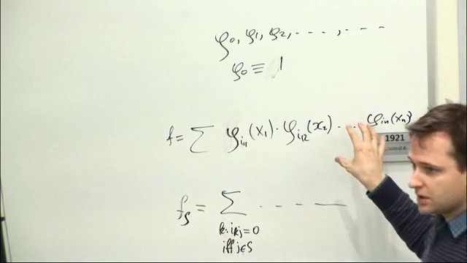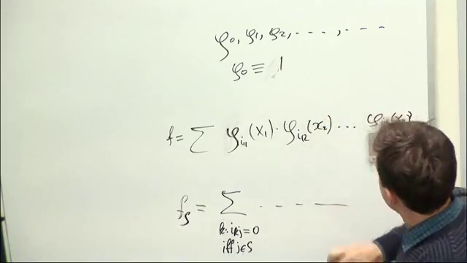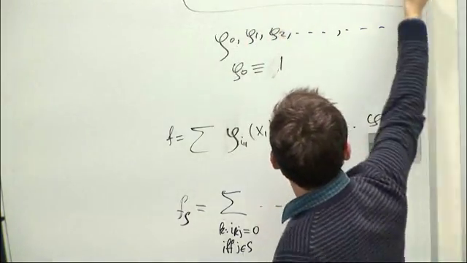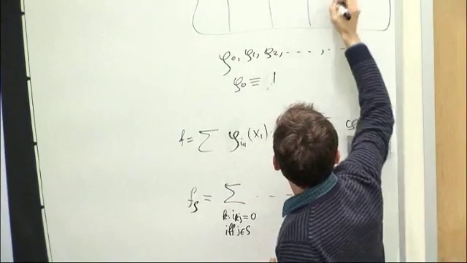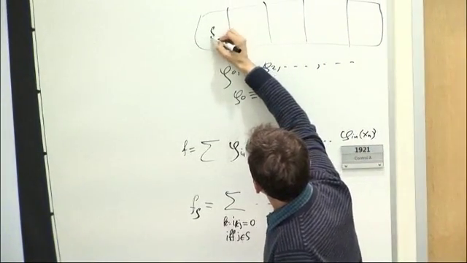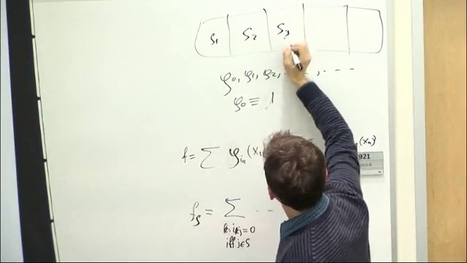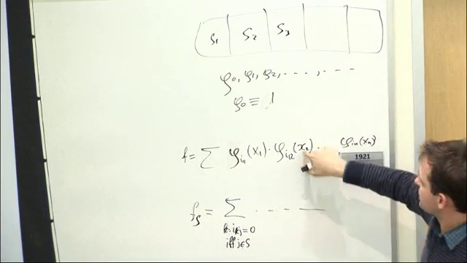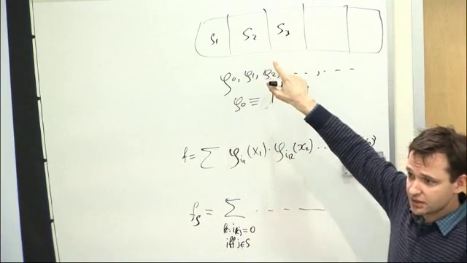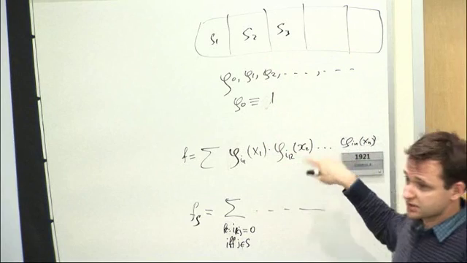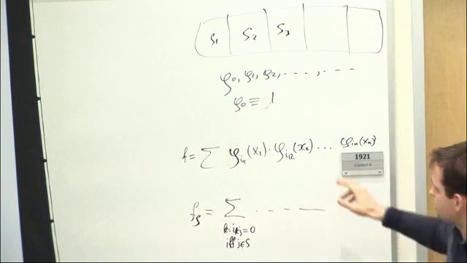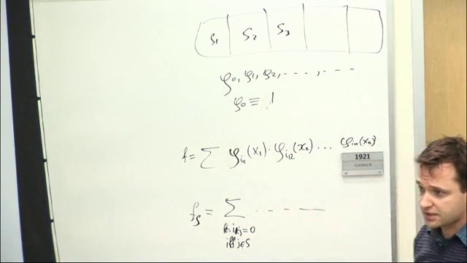And now we want to find these 2 to the power of n terms. So for every set, we have a term. And now we want to assign each term to one of these sets, right? And the term for each set will be just the sum of the functions which we assign to the set.